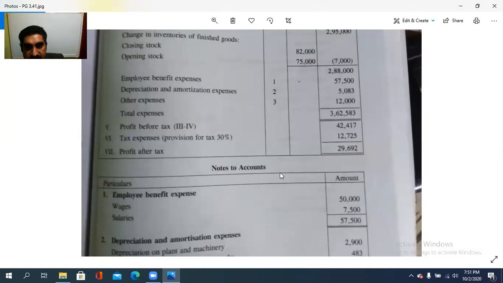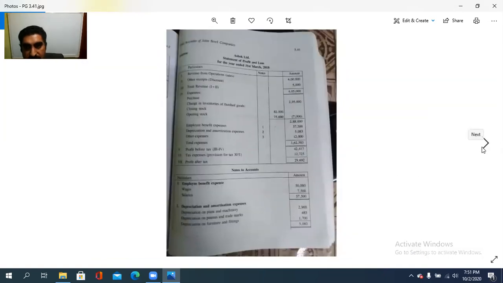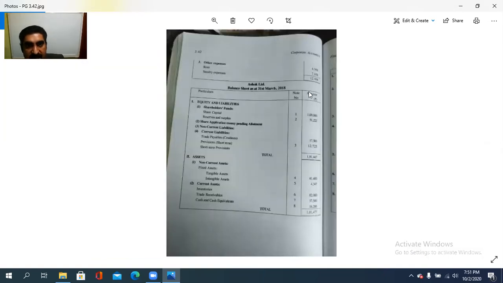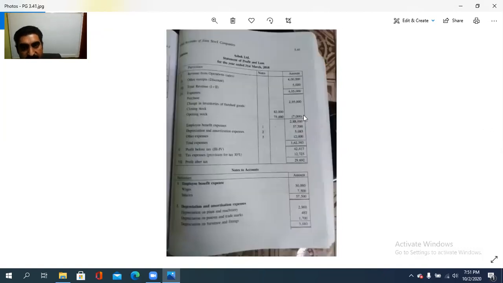Then other expenses, 12,000 is coming. See, rent and sundry expenses. Other expenses are the expenses other than amortization and depreciation, that is 12,000. That 12,000 also is to be taken. Then take the total of 2,88,000 plus 57,500 plus 5,083 plus 12,000. So 362,583. Take the difference between the revenue and the expenses.